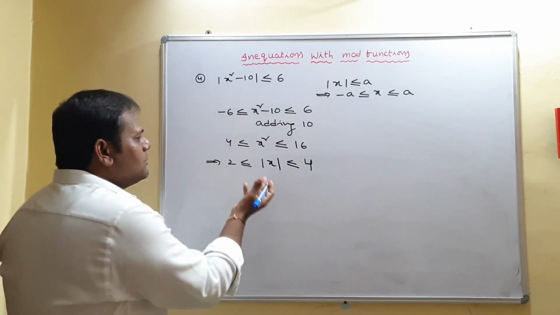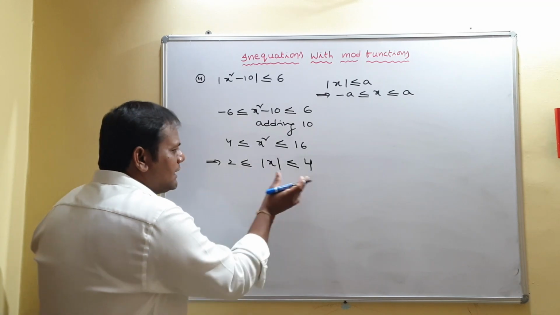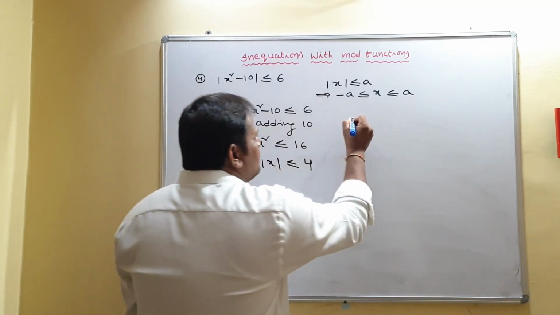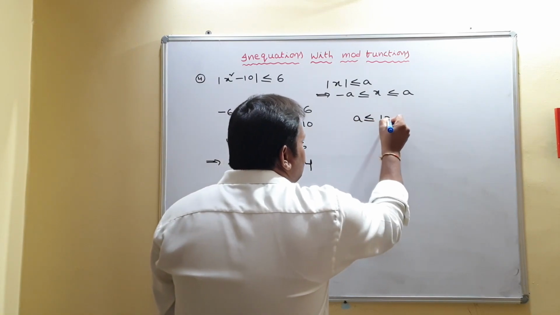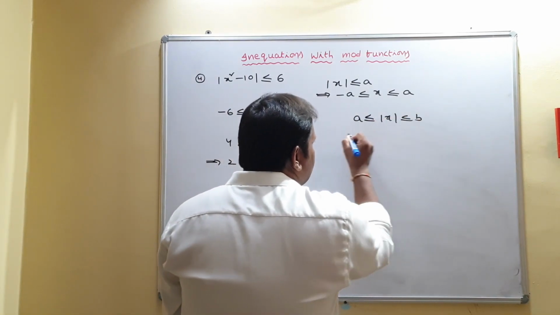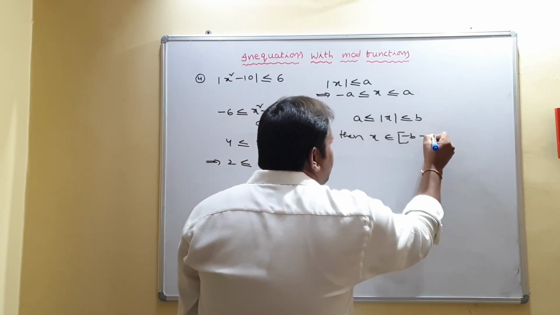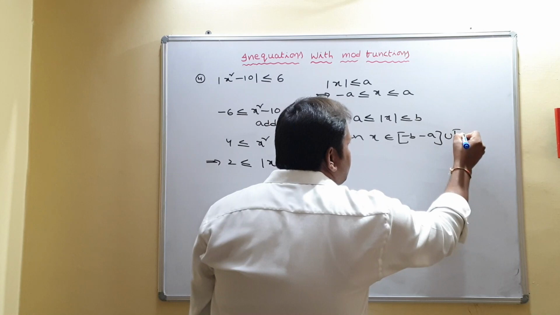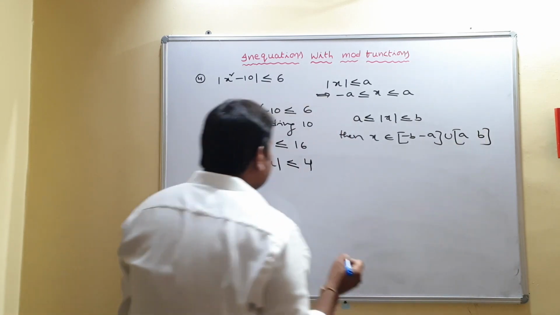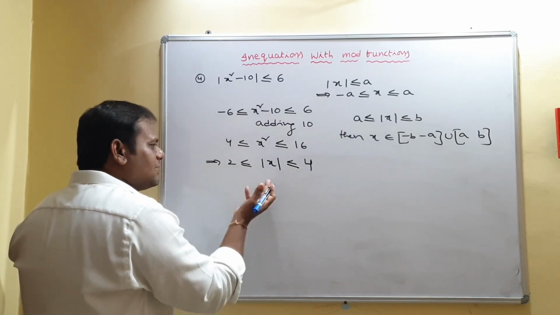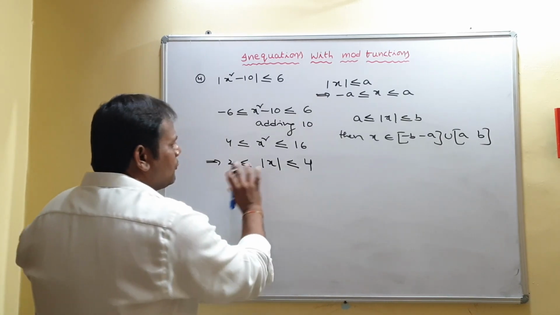Now we have one direct formula for this, which we already discussed. If a less than or equal to mod x less than or equal to b, then what you can write? x belongs to closed minus b to minus a union closed a to closed b. So here you apply that and directly you can give the answer. Otherwise, I told you how to simplify it.